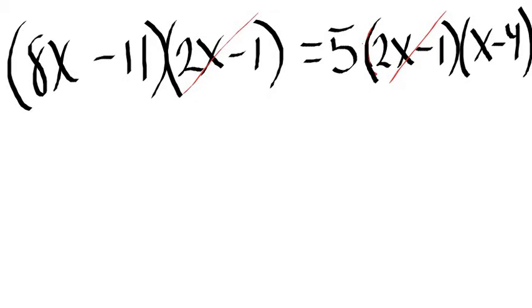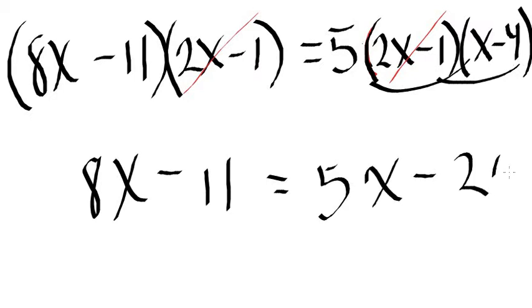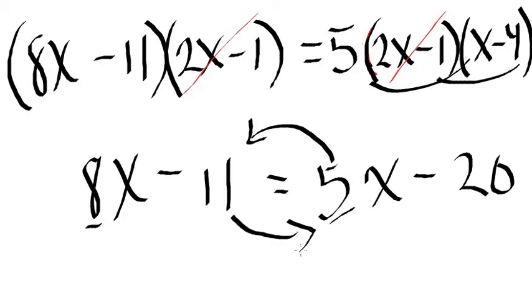And now what we're going to be left with is 8x minus 11 is equal to, I'm going to go ahead and distribute this 5 inside here, 5x minus 20. Okay, since the coefficient of 5x, 5 is less than 8, we're going to take that over that way. Take the 11 over there.